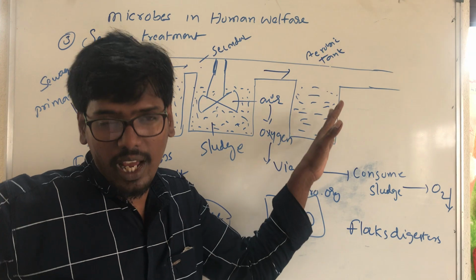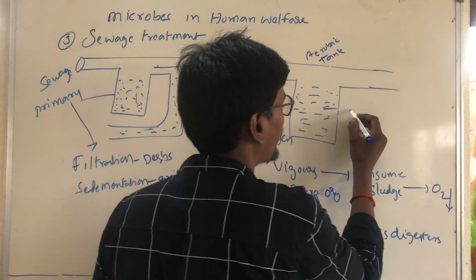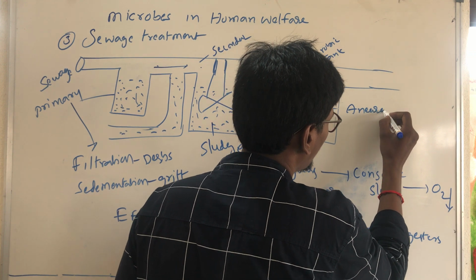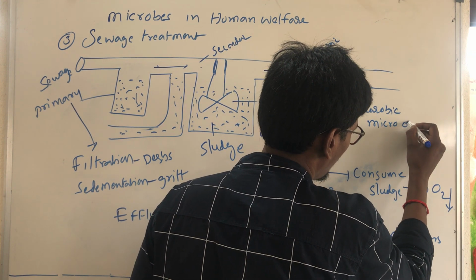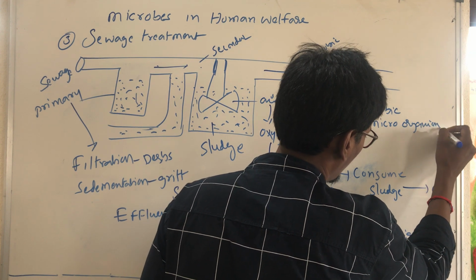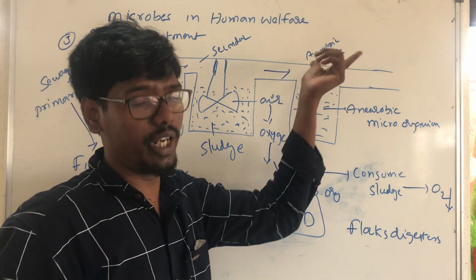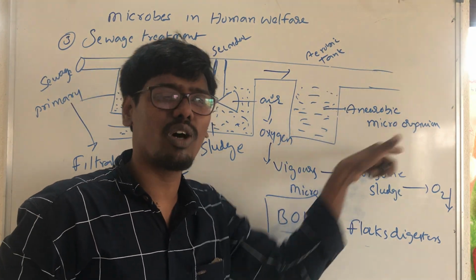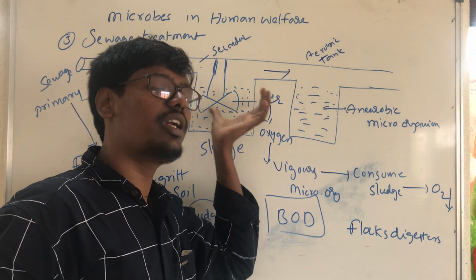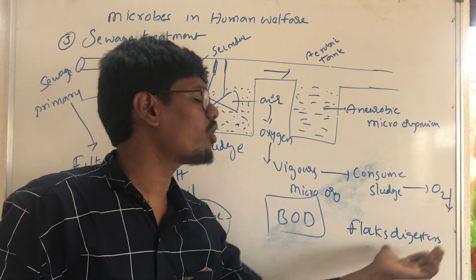In this aerobic tank, anaerobic microorganisms are present. Here they completely digest or consume the sludge; these are called floc digesters.